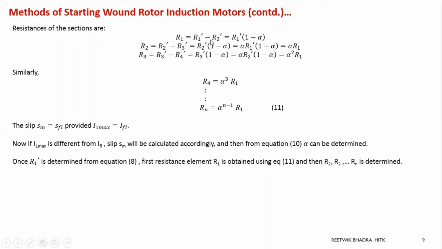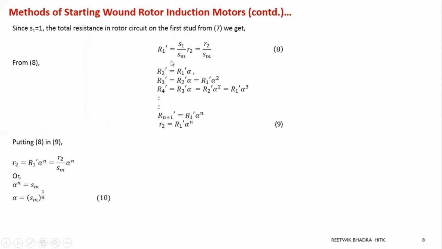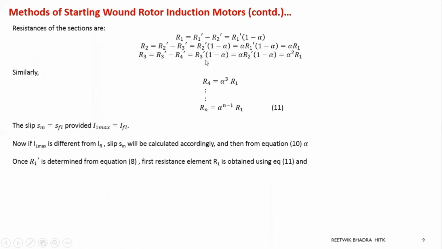So R1 is R1 dash minus R2 dash. What is R2 dash? It is R1 dash alpha. So R1 dash minus R1 dash alpha. Take R1 dash common, you will get 1 minus alpha. Then R2 is R2 dash minus R3 dash.